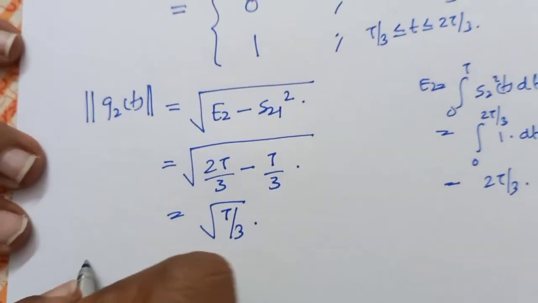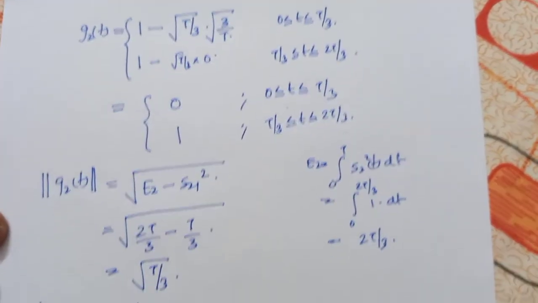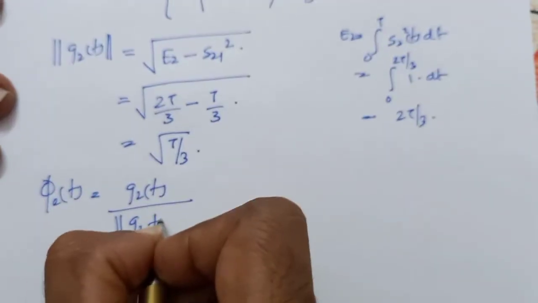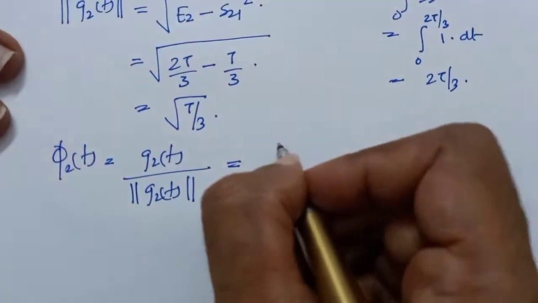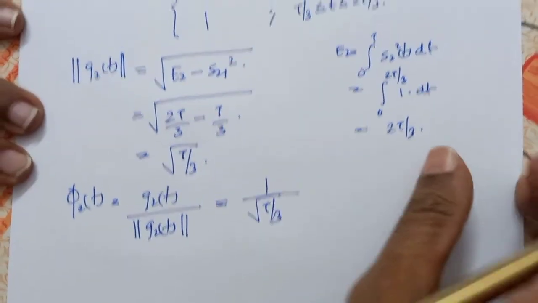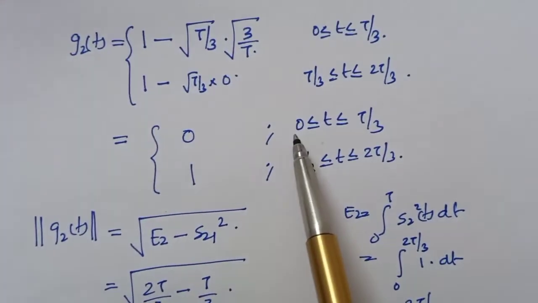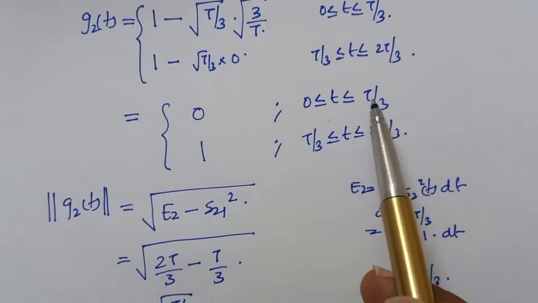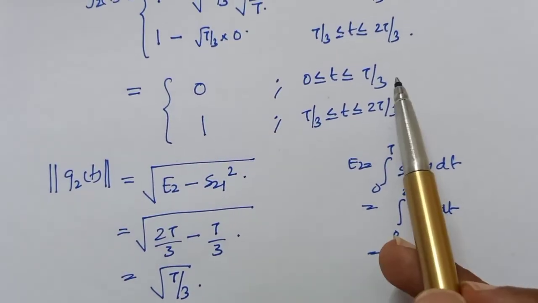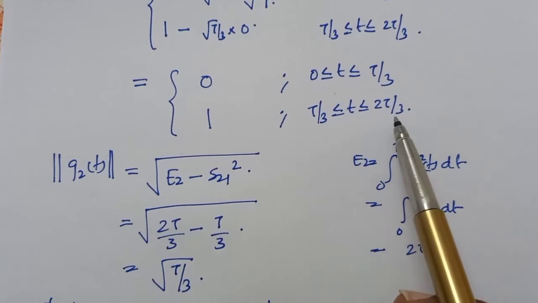So this will be equal to root of t by 3. Now, phi 2(t) equal to G2(t) divided by norm of G2(t). So this will be equal to 1 divided by root of t by 3. Now what is the range? Range is from 0 to t by 3, phi 2(t) is absent. Phi 2(t) is present only in the range of t by 3 to 2t by 3.